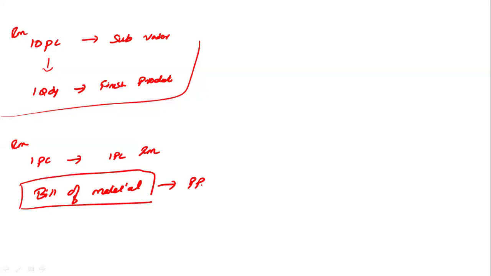In the bill of material, we'll be defining which raw material is used to get the semi-finished material or finished material. So we will be able to create this bill of material for the semi-finished product, saying that you need to have this raw material or this component to get this finished product from the vendor.